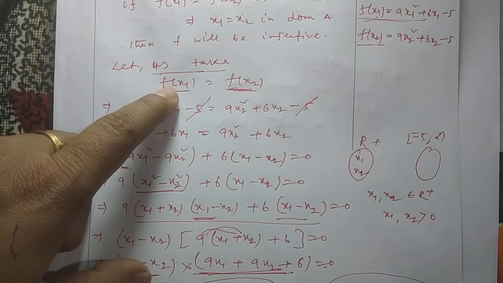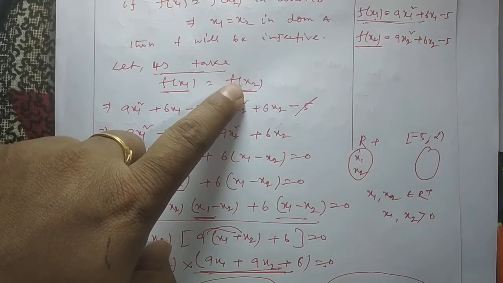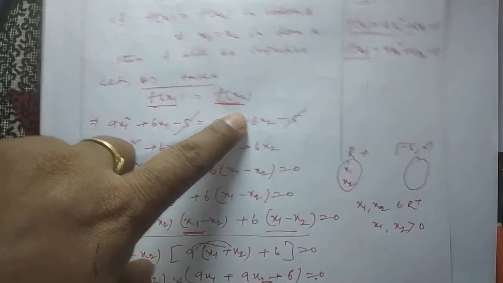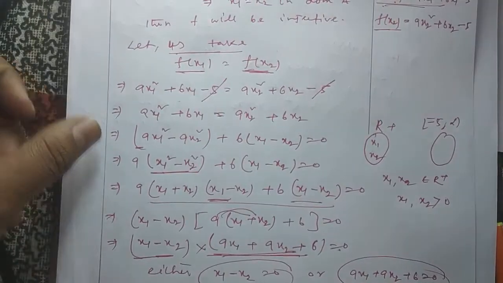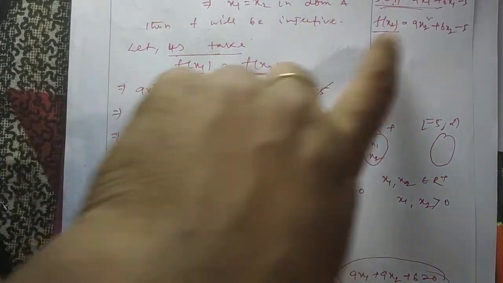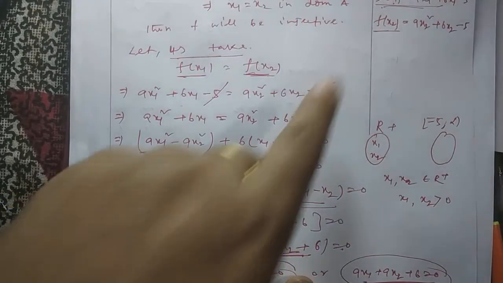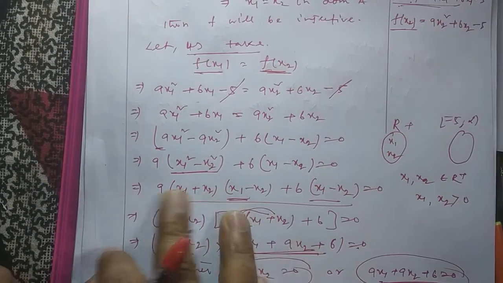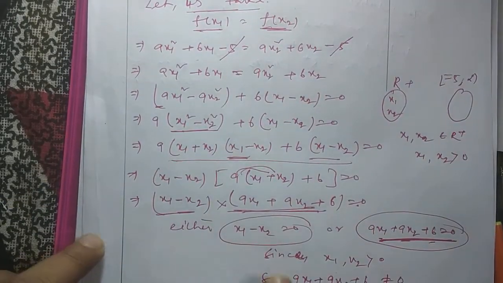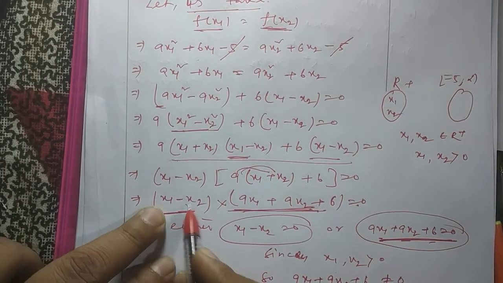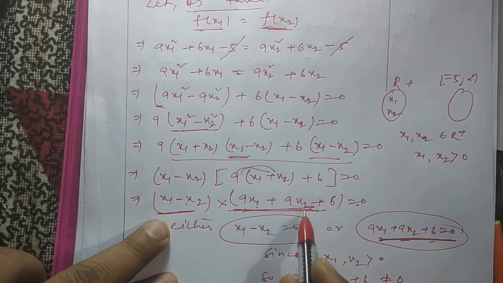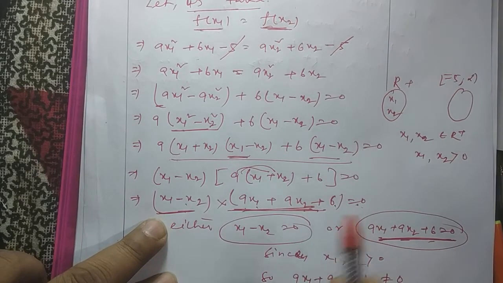Understood or not? Again I am saying from the first, in brief. First you have to choose f(x1) equal to f(x2) forcibly in the codomain minus 5 closed, infinity open. Then put down the values of f(x1) and f(x2), and just calculate. In the last step we got two factors, x1 minus x2 and 9x1 plus 9x2 plus 6, equal to 0.